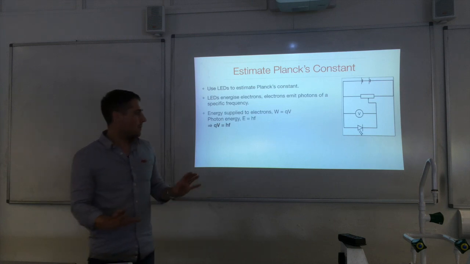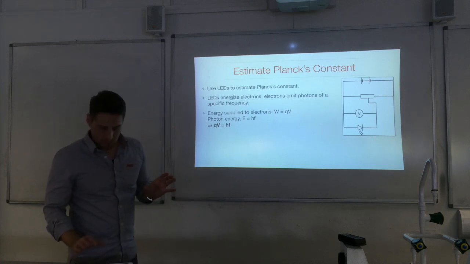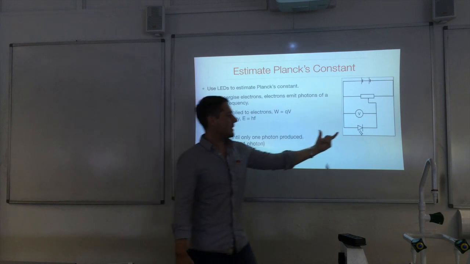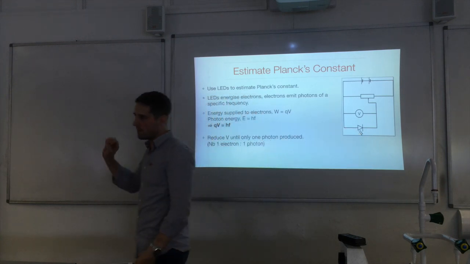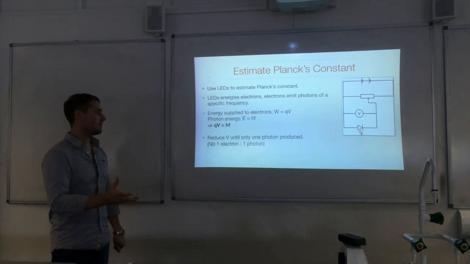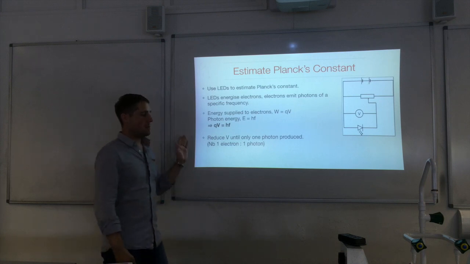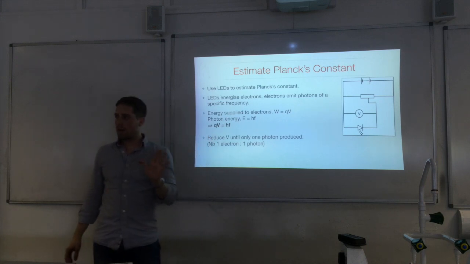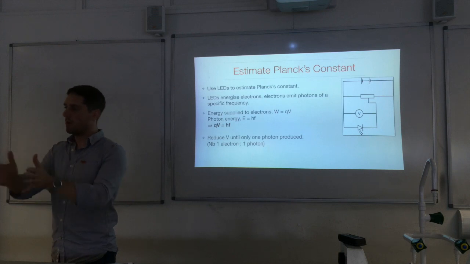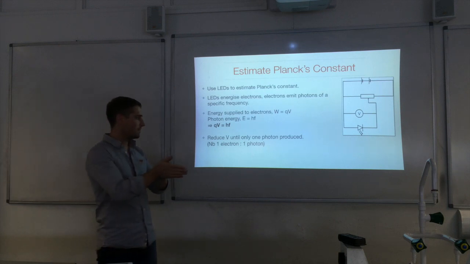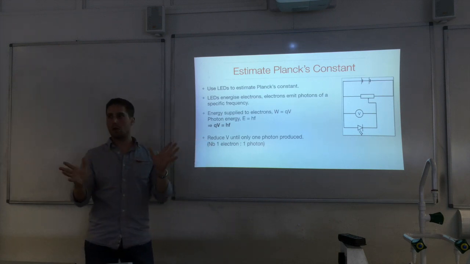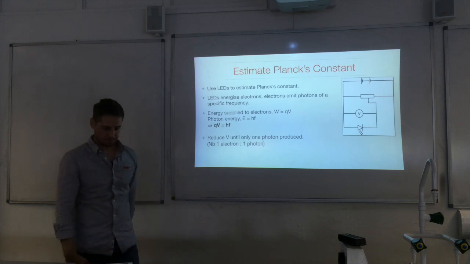Now, if we reduce the voltage across the LED to the point that it emits just 1 photon, then 1 electron has given its energy to make that 1 photon, okay? Because it's a 1-to-1 interaction.